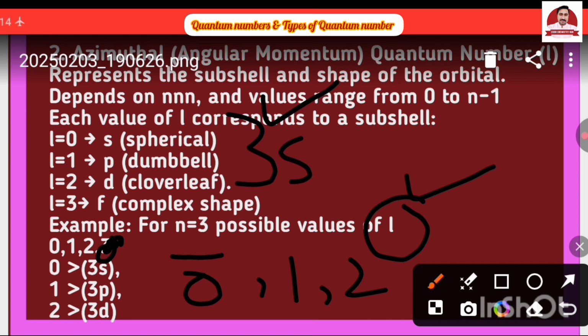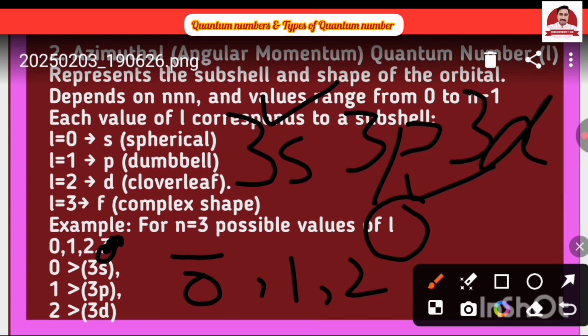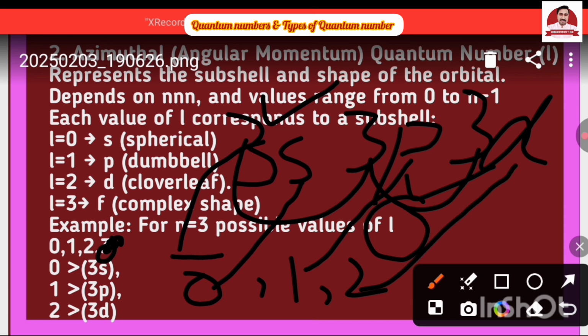Here 3s, then 3p, and when the value of L is equal to 1, it means p orbital, and if the value of L is equal to 2, then it is d orbital, that is 3d orbital. So we write the value of n with each, and we write the value of 0, 1, 2 as 0 for s orbital, 1 for p orbital and 2 for d orbital.